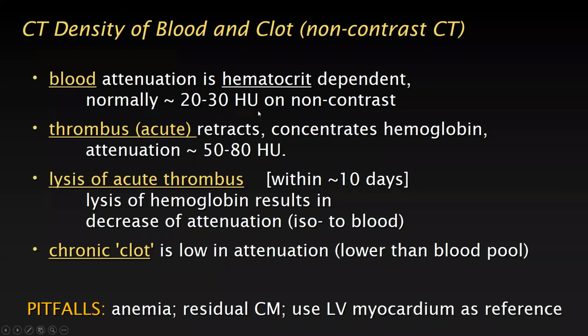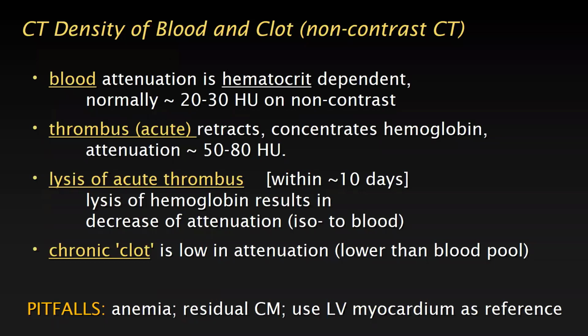It's 20 to 30 Hounsfield units. This is unopacified blood that is not clotted. But once you have thrombus, it gets up to 50 or 80 Hounsfield units, and the reason is because of retracting fibrin fibers. They concentrate hemoglobin.